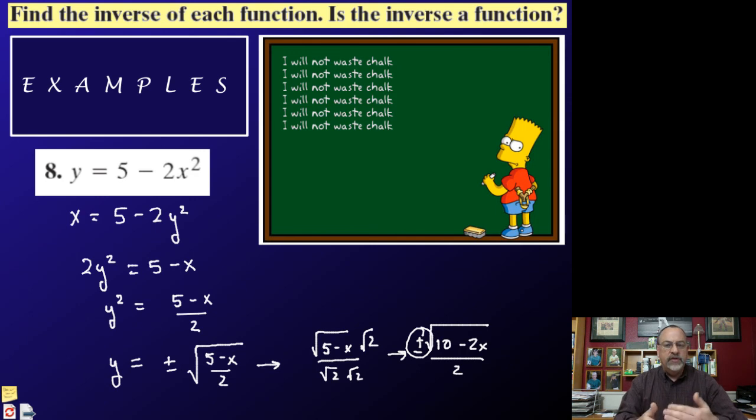And then the inverse will be a function as long as it does not produce two y values with each x value. So I'm looking for plus or minus. As long as I do not see a plus or minus, then the inverse will be a function. If there is a plus or minus, and that's only going to be produced when I have to take the square root when solving for y, then that inverse is not going to be a function.